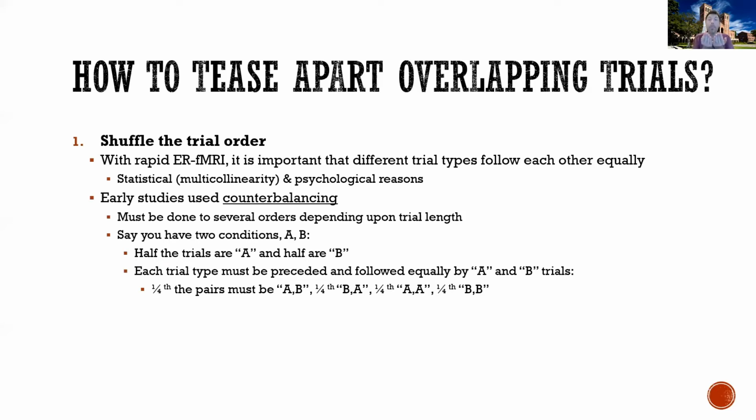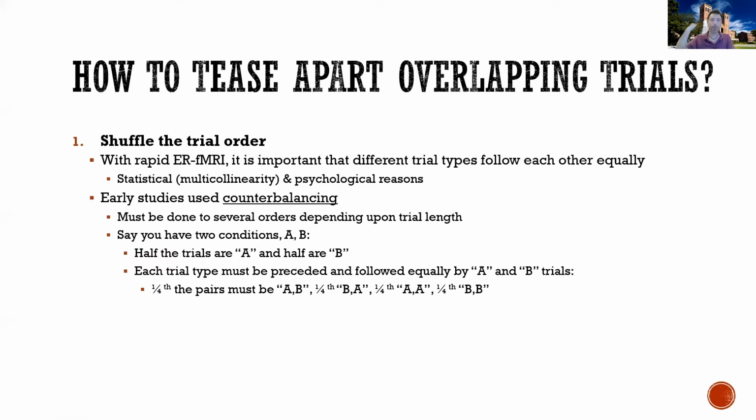If you consider any pair, exactly 1/4 of the time it has to be the sequence AB, 1/4 of the time it has to be the sequence BA, 1/4 of the time it has to be the sequence AA, and 1/4 of the time it has to be BB. So if you look at your experimental design, it ought to be exactly 1/4 of the time the first sequence, exactly 1/4 of the time the second sequence, et cetera.